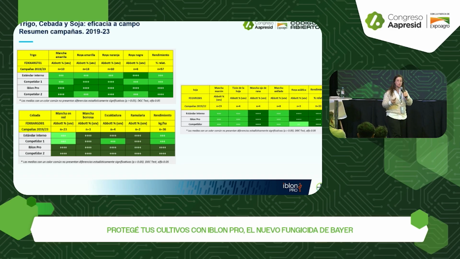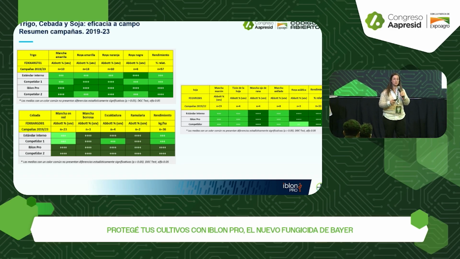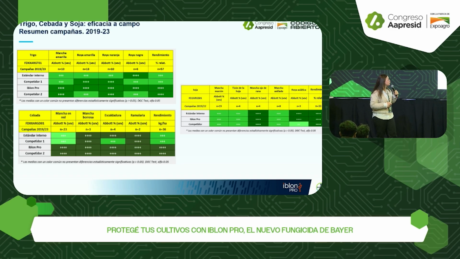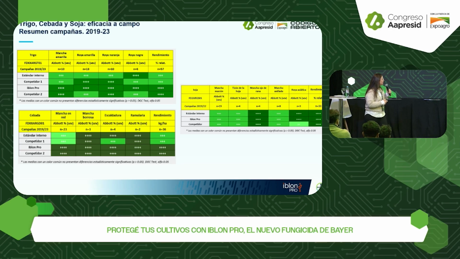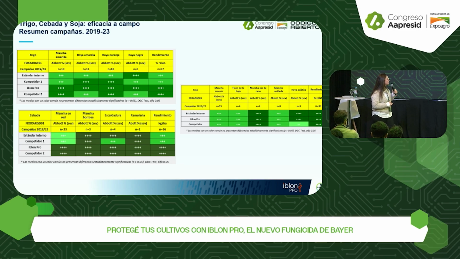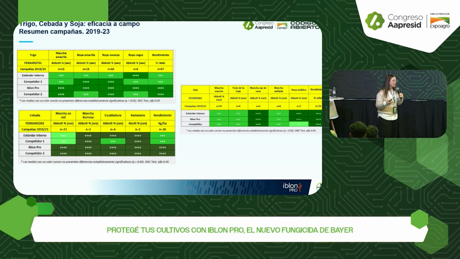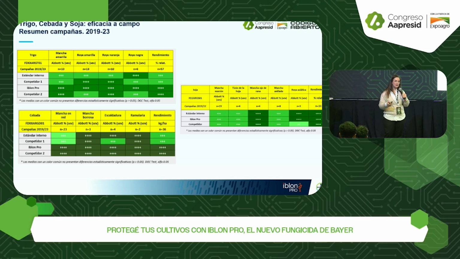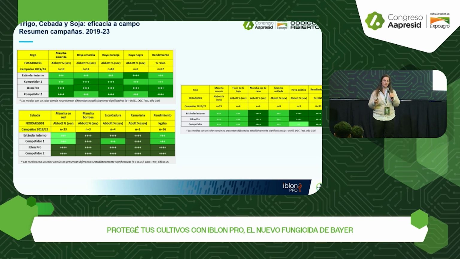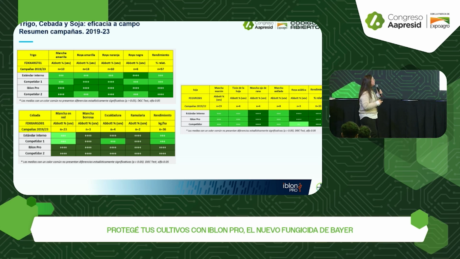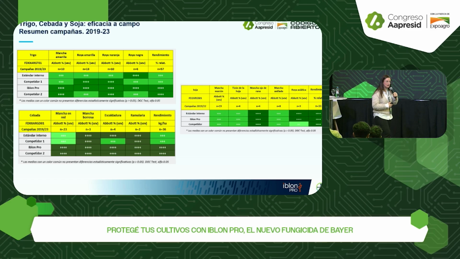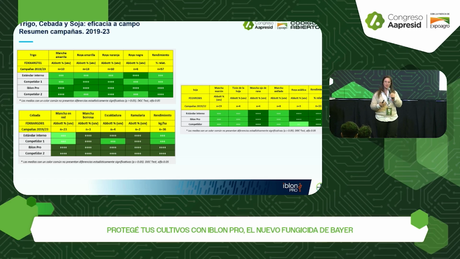Excellent control of tan spot as well as rust. Now going to barley, you can see that again we have the largest number of crosses, we have the darker green, and it's important to emphasize how much we are controlling net blotch today.